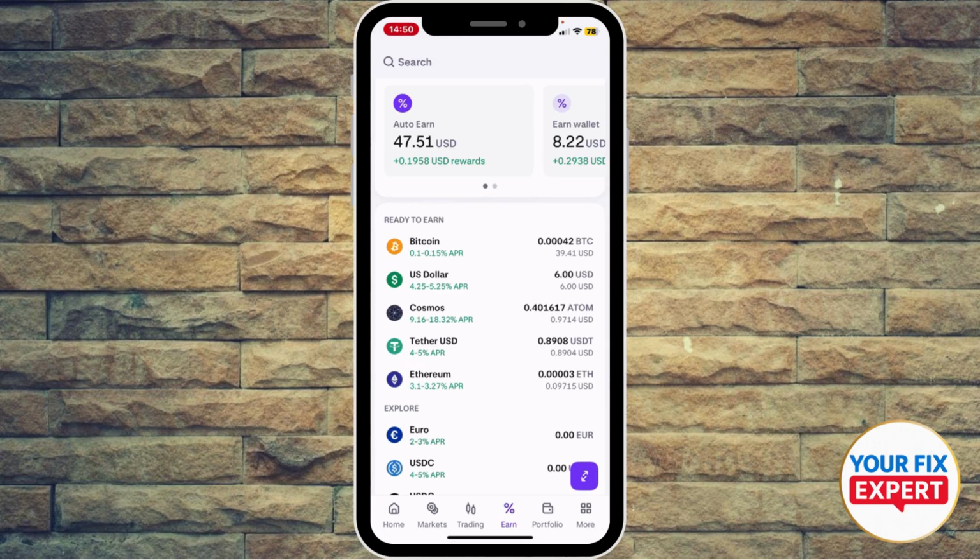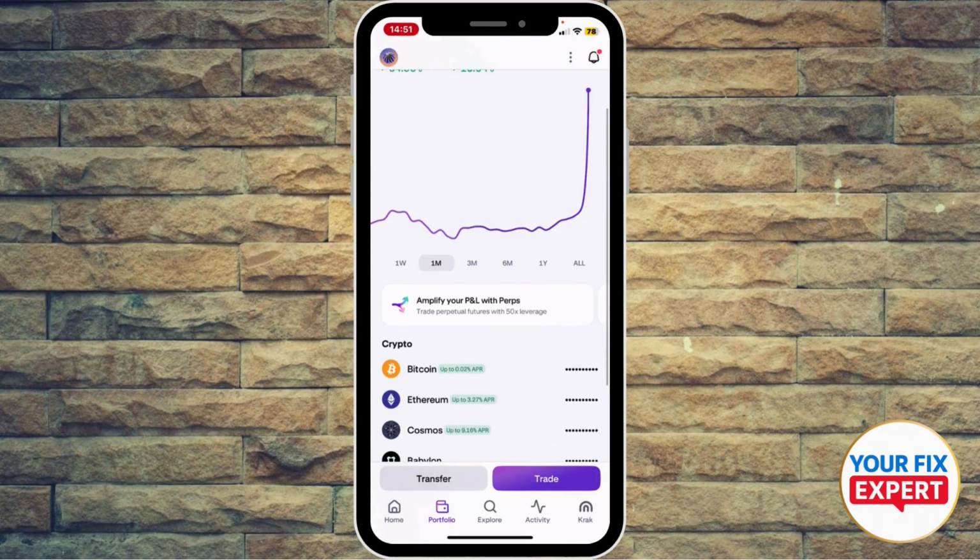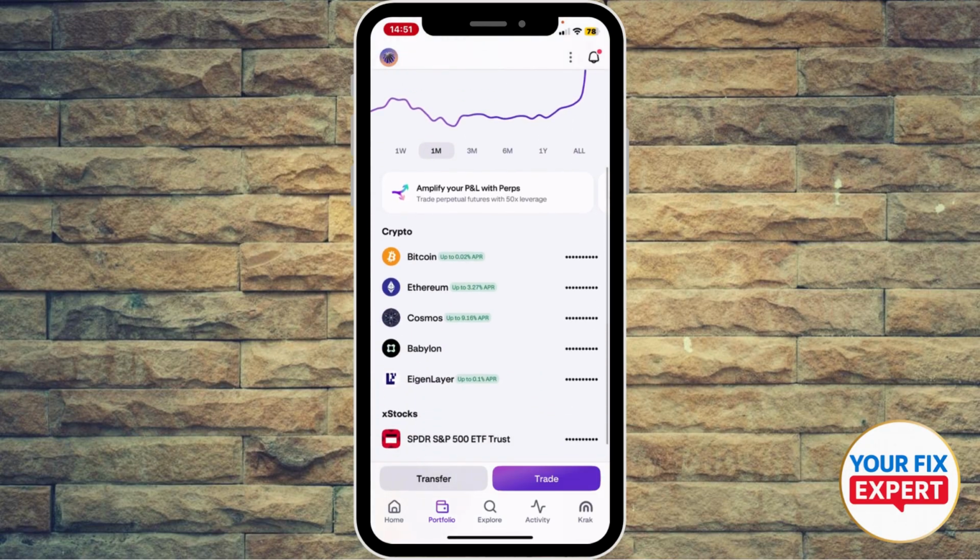Okay, withdrawing funds. If you want to withdraw funds, you have two options. You can withdraw to a bank or to a different chain. So if you want to withdraw funds to your bank from Kraken, go back to your screen, go to your wallet and portfolio, and let's say, for example, I want to withdraw a crypto.